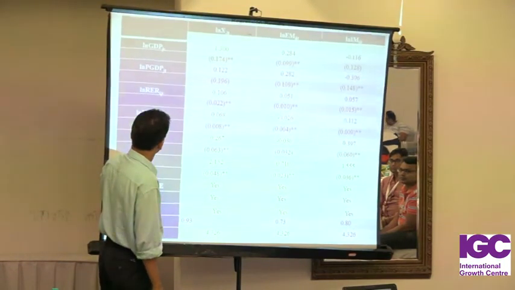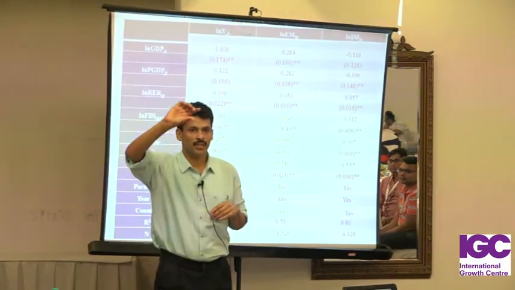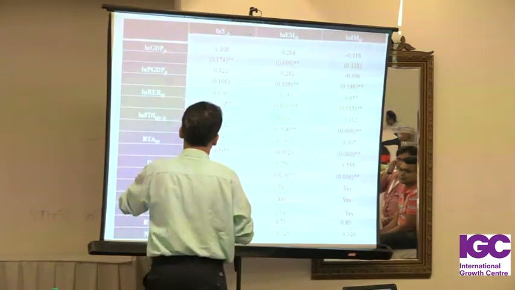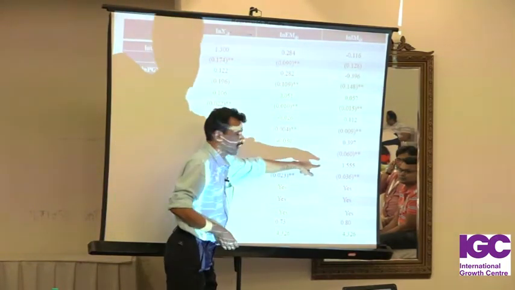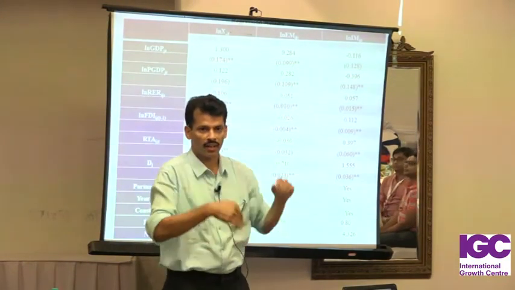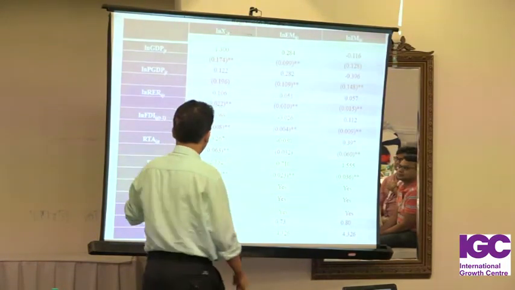The important thing to note here is this DI, that is, to what extent China is doing better than India. So you see that this coefficient is positive everywhere and significant, that means China is doing better than India along all these lines, even after controlling for all other things which are included there.